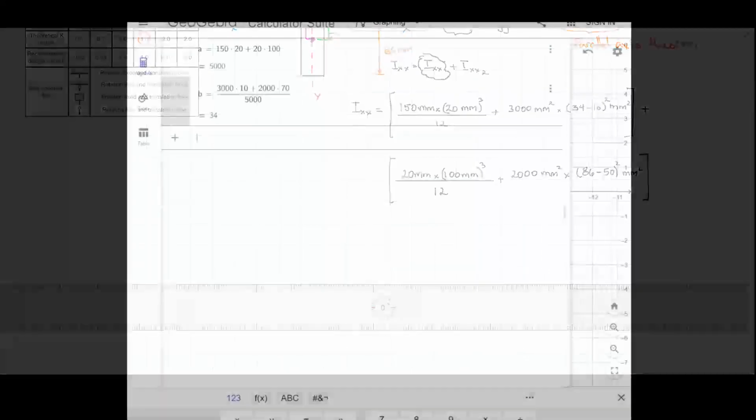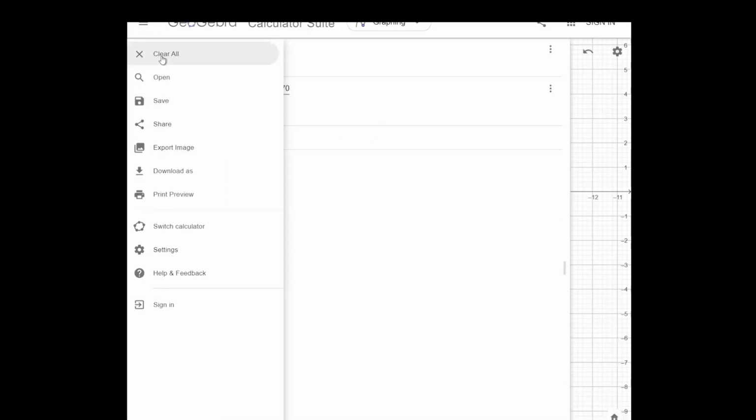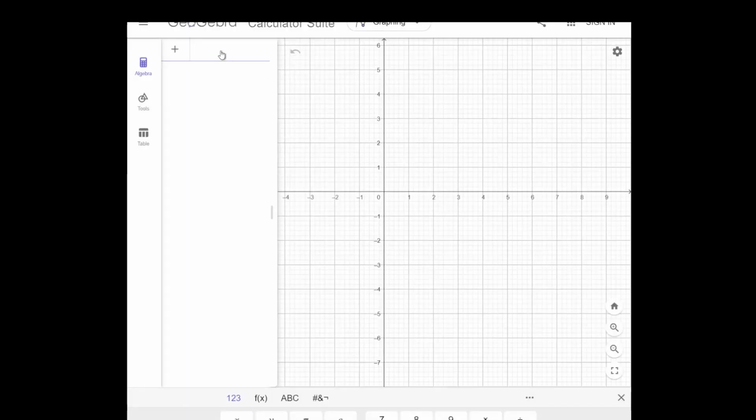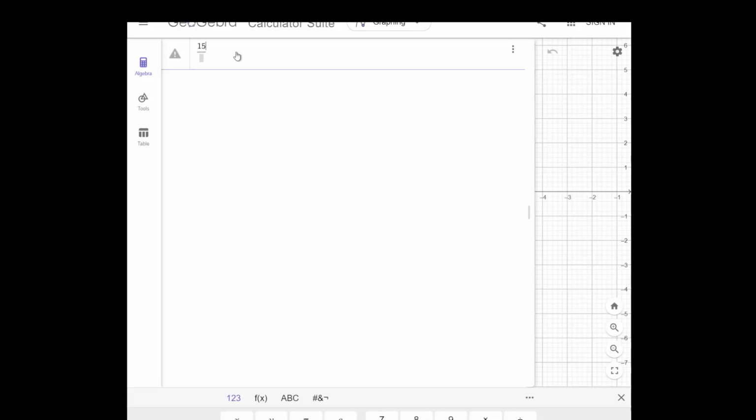Let's make the calculation of that. Let me clean up this. The first part is going to be 150 times 20 to the power of 3, divided by 12, plus 3,000 times the difference of 34 minus 10, squared.